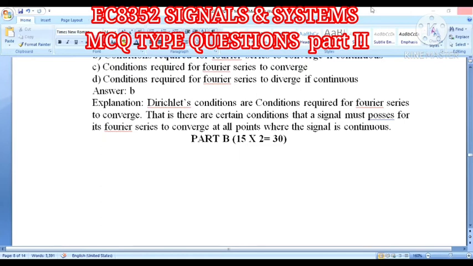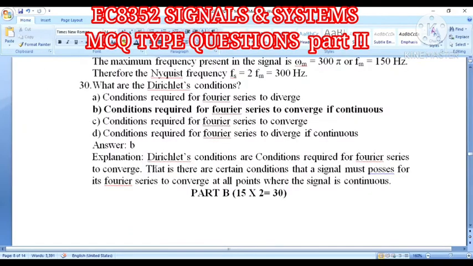So first you should know this concept. Let us see where the Fourier series converges. Option A is not there. Option B is there. Option C also converges. Option D diverges. So B and C are the more suitable options. Let us check which one is correct, B or C.